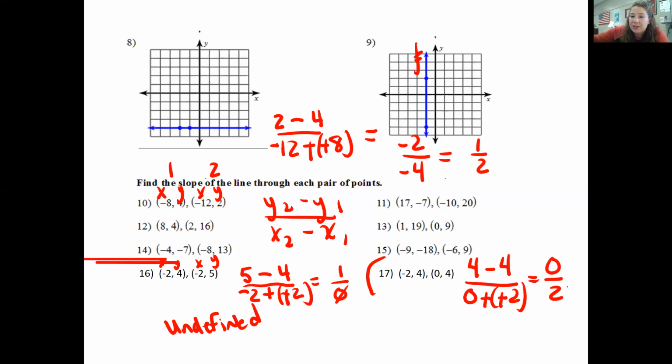Now, this time, take your calculator, and divide 0 divided by 2. Put your 0 in first. Does your calculator say error? No, it does not. It says the answer is a real answer. The answer is 0. So the slope is 0. And if I graph that, I'm going to get a horizontal line.